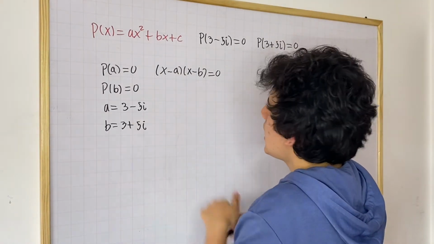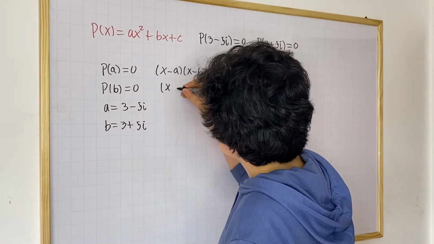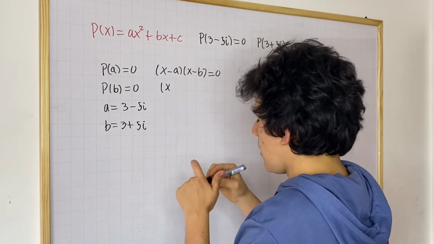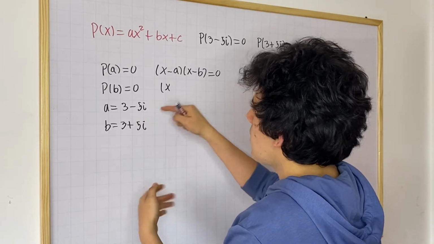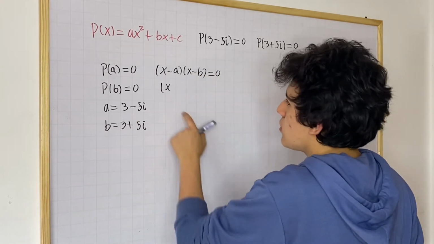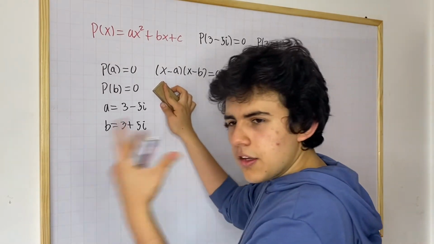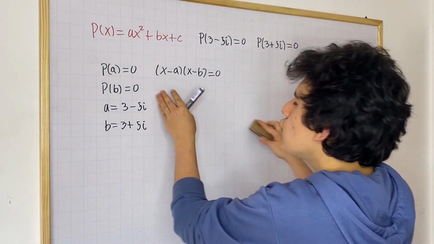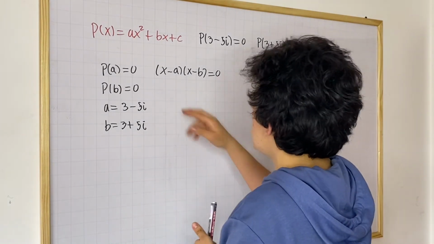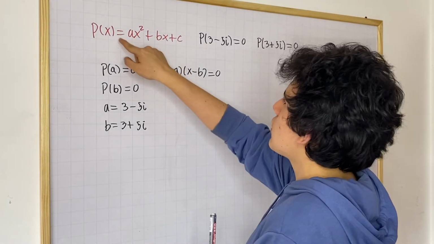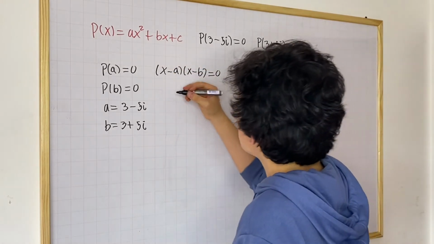Now we know how much a is, so we have x minus a. You could technically plug in 3 minus 5i into this expression, but just for the sake of seeing things clearly, I'm just going to FOIL right now with this form, and then we're gonna plug in the value. So now if we FOIL this, we should get back this quadratic equation over there.